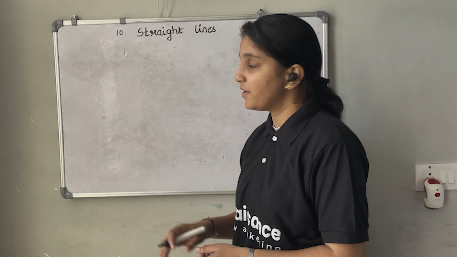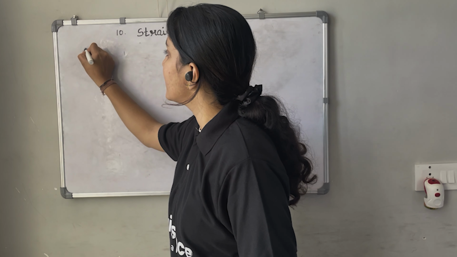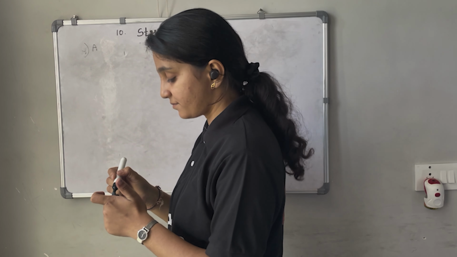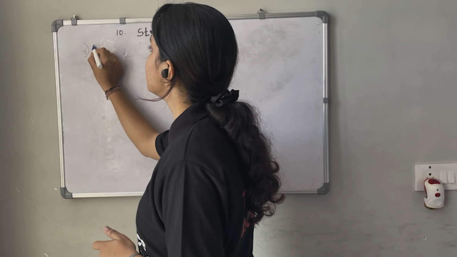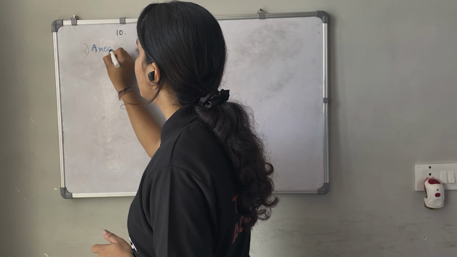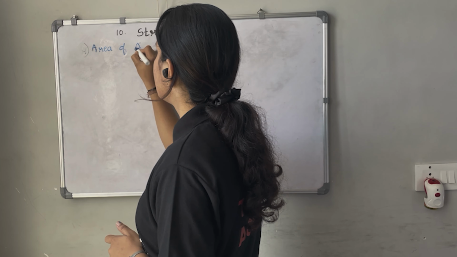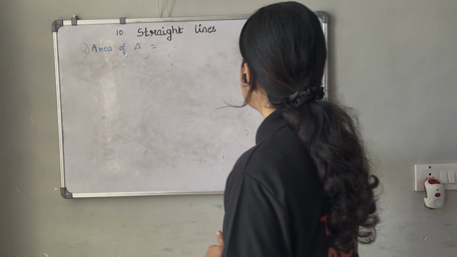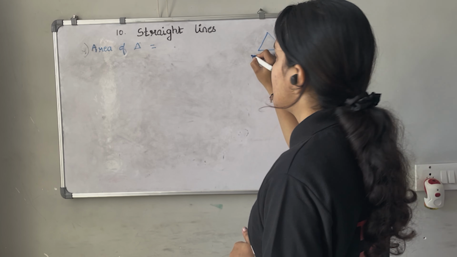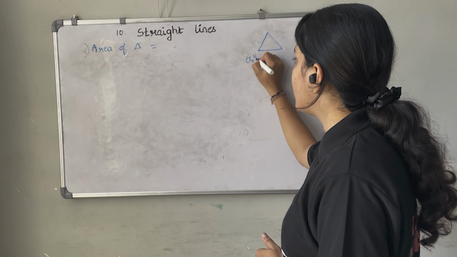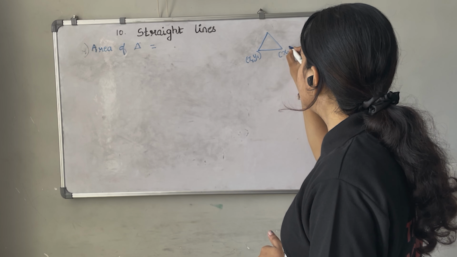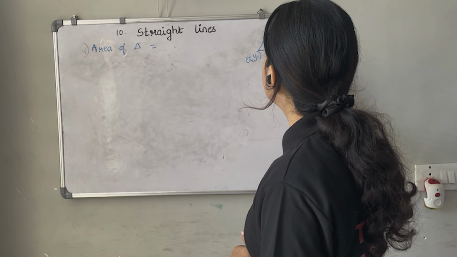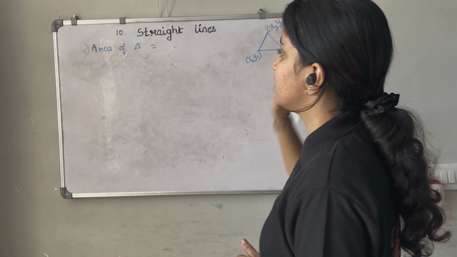The next concept we are going to see is area of a triangle. Now suppose we have one triangle with coordinates x1, y1, x2, y2 and x3, y3.